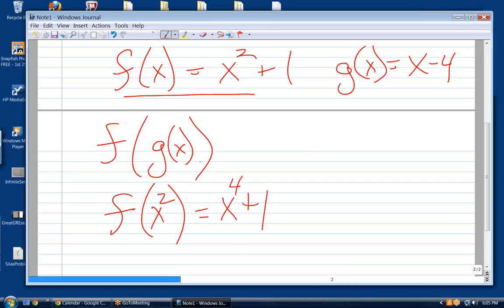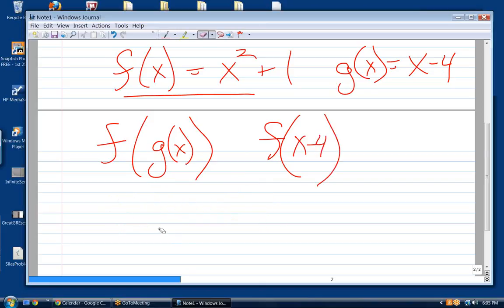So now, instead of x squared, we're going to put in g of x, but g of x is x minus 4. So it's really the same as saying, what is f of x minus 4? It's x minus 4 squared plus 1.